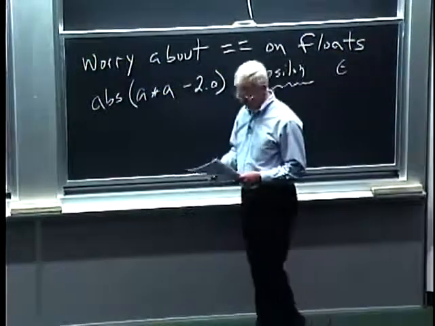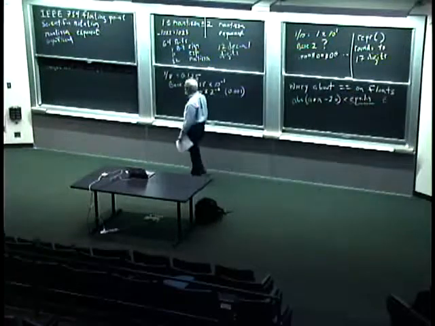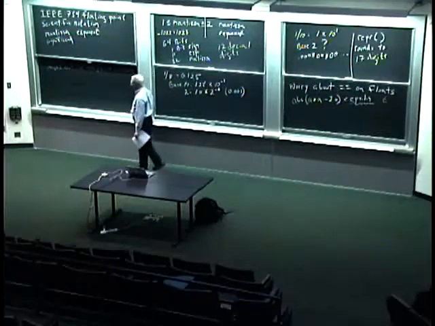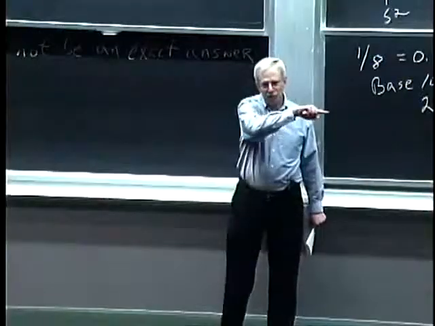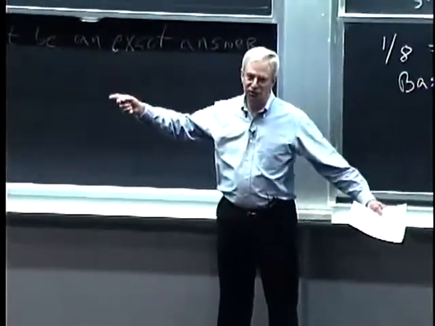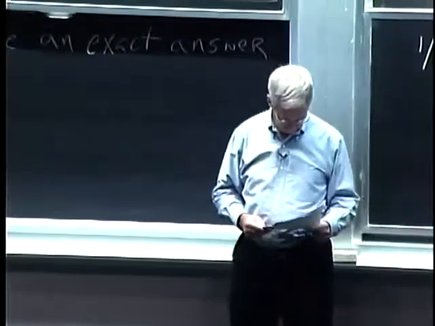In fact, we'll even call it epsilon. Another problem with the method we looked at last time is that we were doing exhaustive enumeration. We were enumerating all the possible answers, checking each one, and if it was good, stopping.